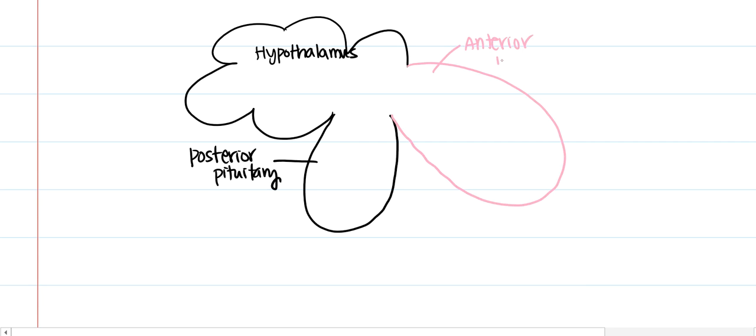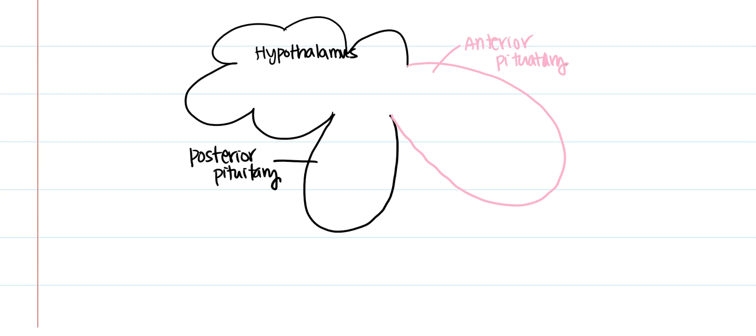The thing with the anterior pituitary is that during the development period, the roof of your mouth, the palate, extends upwards towards the hypothalamus area, and that tissue gets attached to the hypothalamus, and by the time the baby is born, the hard palate closes off.